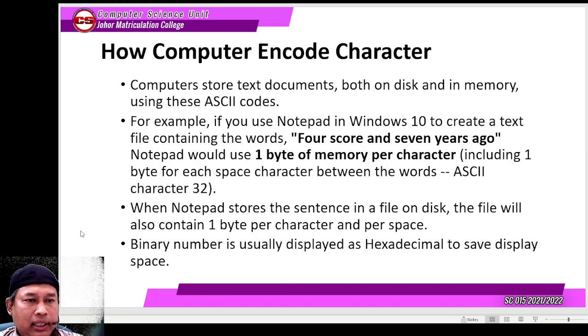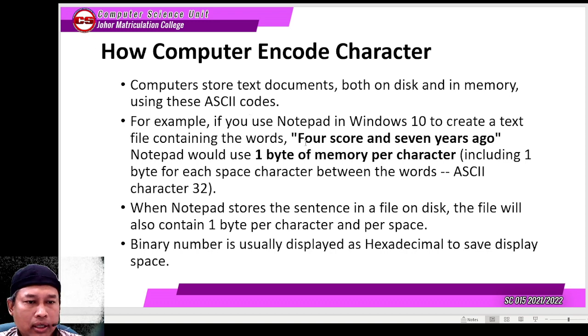How does a computer encode characters? For example, if you use Notepad in Windows 10 and create a text file containing the words "4 years ago", Notepad will use 1 byte of memory per character, including 1 byte for each space between the words.